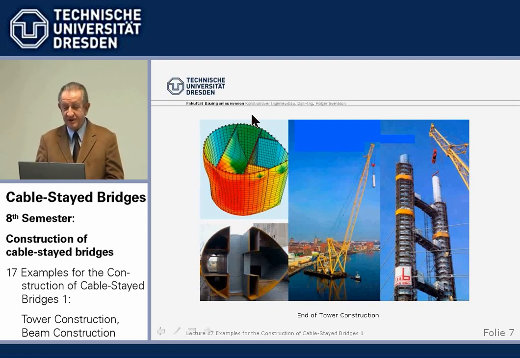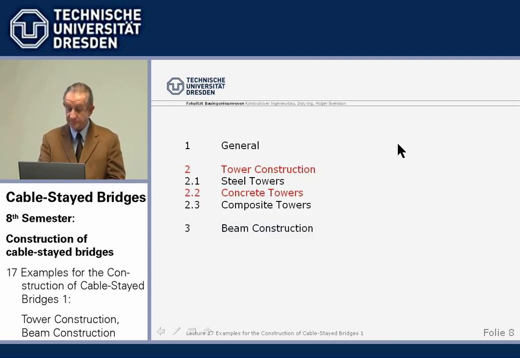We see here a finite element view in the ultimate stage, and we see here the inner stiffening is buckling. Anyway, we go up. We have here again the floating crane, which transports a piece of the tower up, and up we go. So we pre-assemble the pieces one after another and weld them together.